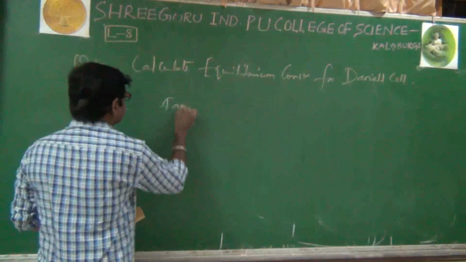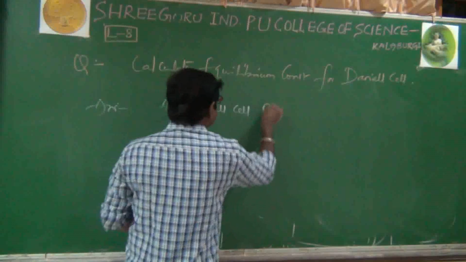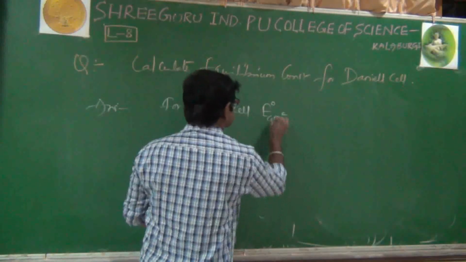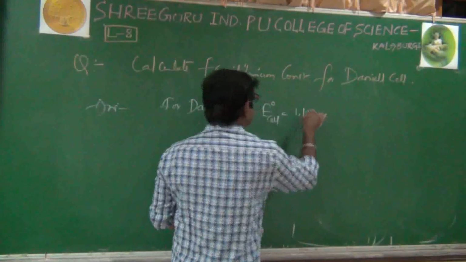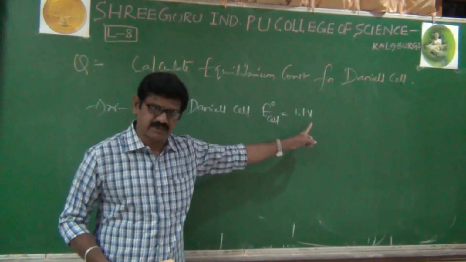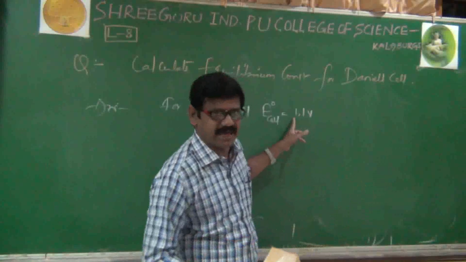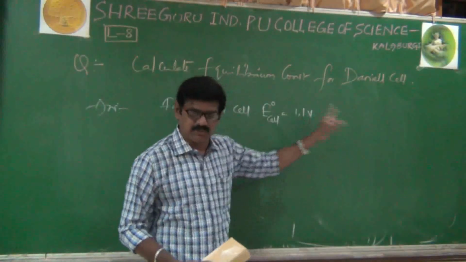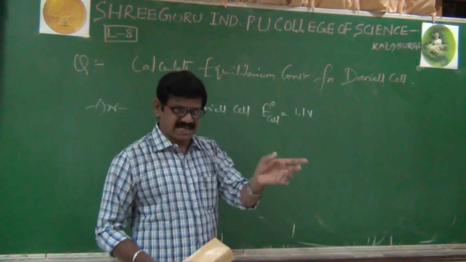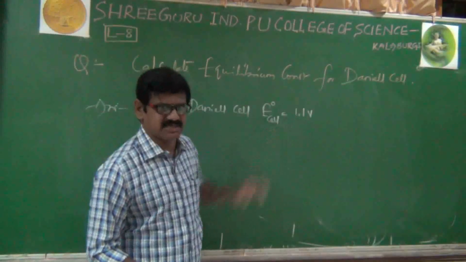For a Daniell cell, the E naught cell value is fixed, that is 1.1 volts. How is this value obtained? Means E naught cathode minus E naught anode. E naught copper electrode minus E naught zinc electrode, both standard reduction potential values, if you substitute, you will get 1.1, of course. It is a constant value.